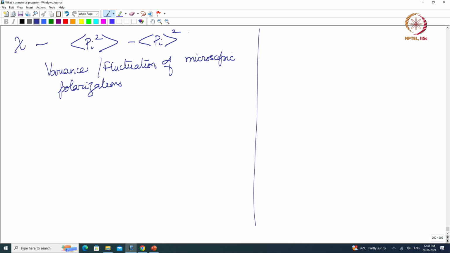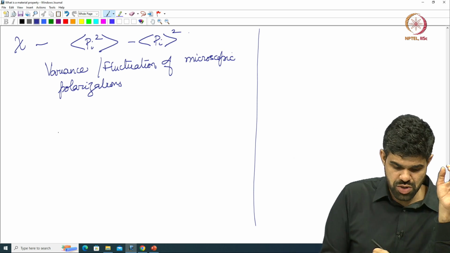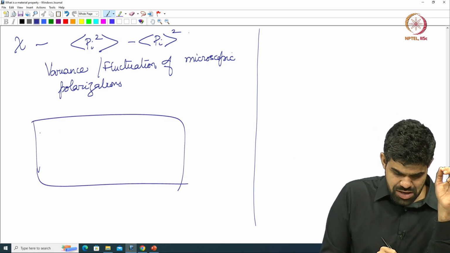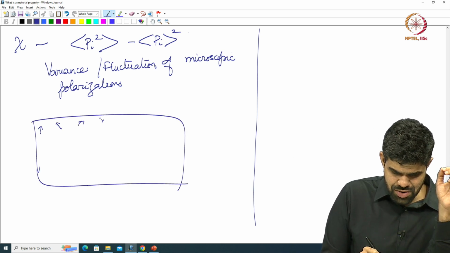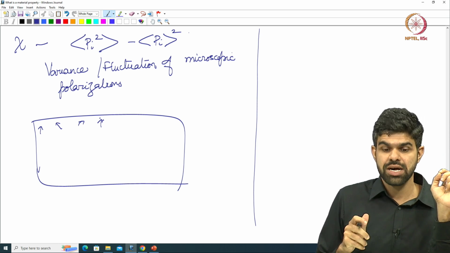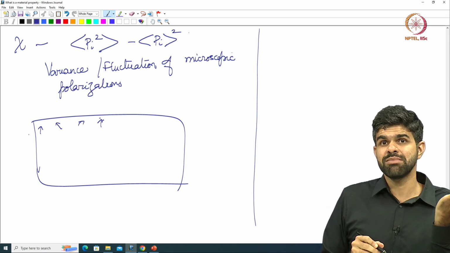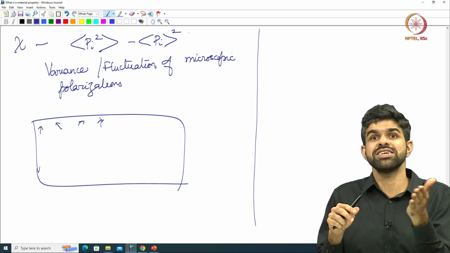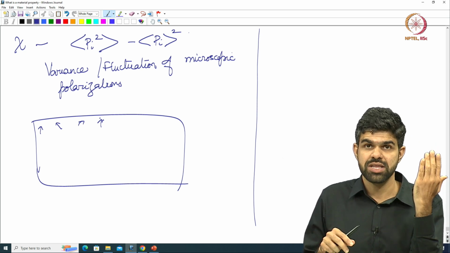Every microscopic state has its own polarization, and these polarizations are fluctuating. If I have a system with so many polarizations that keep fluctuating over time, again I am assuming that the ensemble average is the same as the time average.